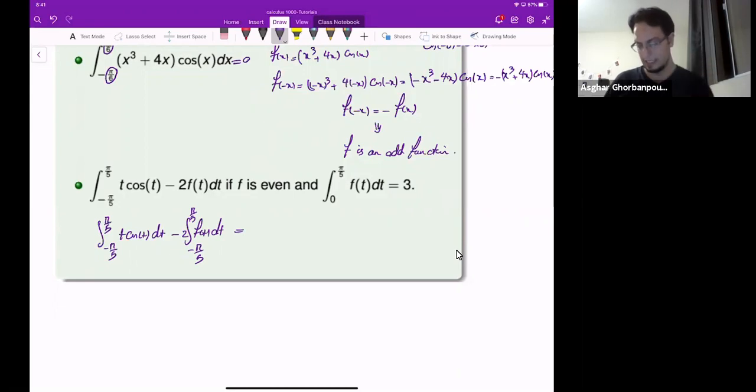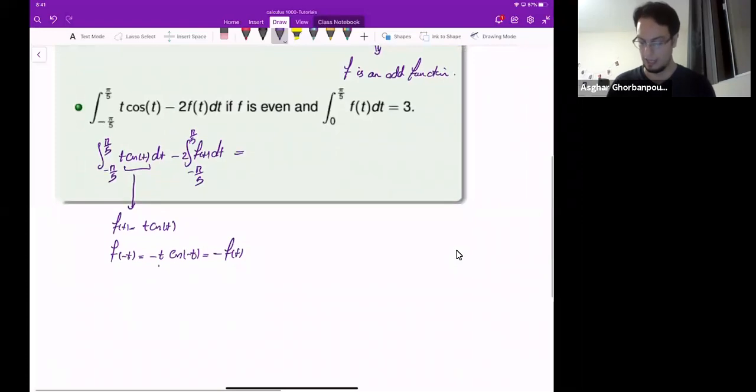Then to deal with the first integral, if the function is t cosine t and you plug in minus t there, it will be minus t cosine of negative t, and this will be minus f of t. So this guy is odd.